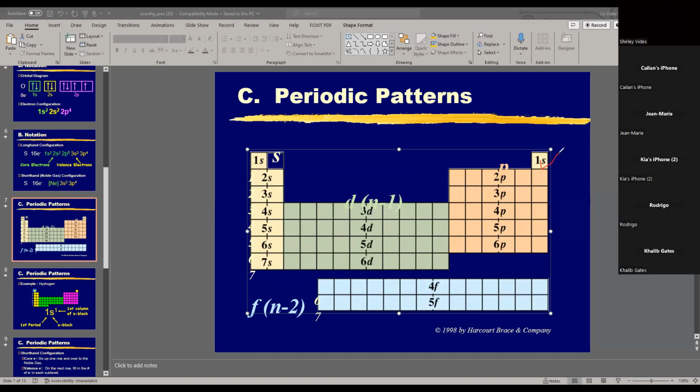Helium's right here, and then it said 2s2. So we still are counting these electrons, because that's 2s, 1 and 2, right? And then we've got 2p5. So this is still 2. Remember, this is all still the same line. So we got 2p1 right here, 2, 3, 4, and 5.